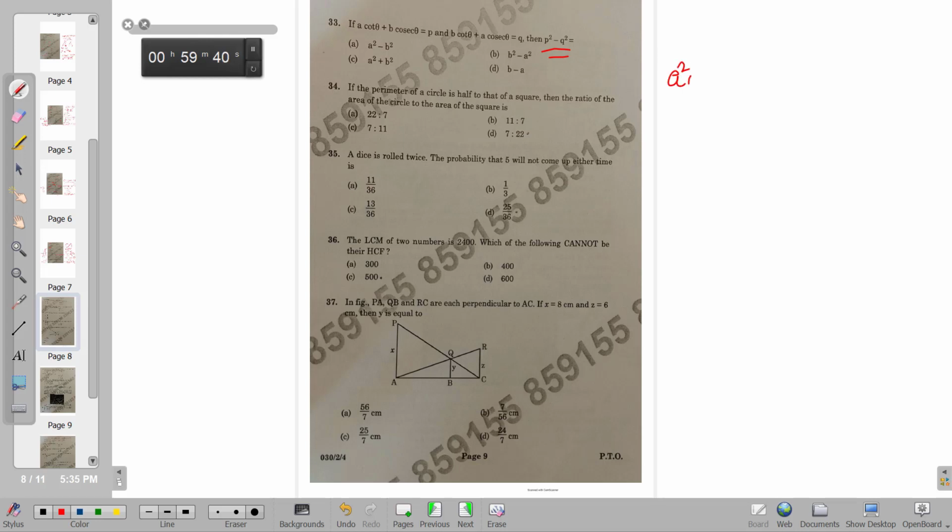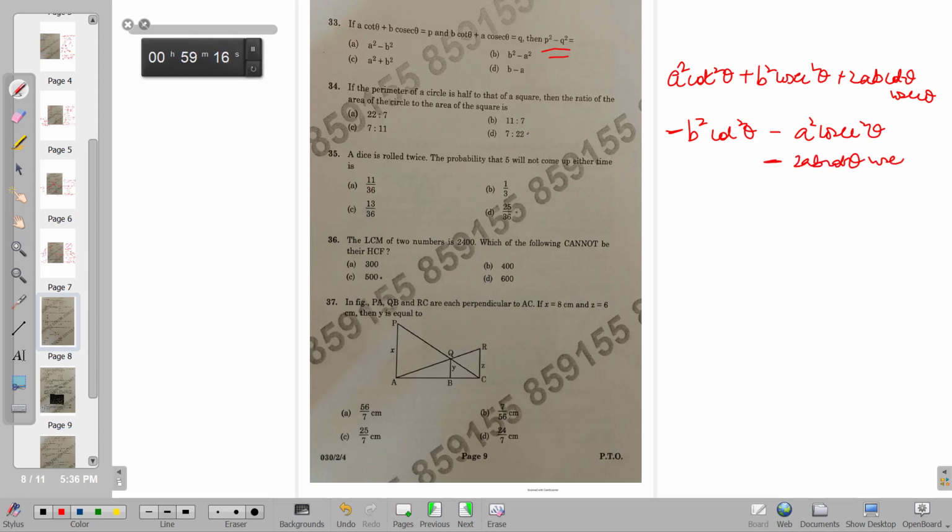So you're going to get A square cot square theta plus B square cosec square theta plus 2AB cot theta cosec theta minus Q square. So everything will become minus B square cot square theta minus A square cosec square theta, and then you will have minus 2AB cot theta cosec theta. This will cancel. This will cancel.